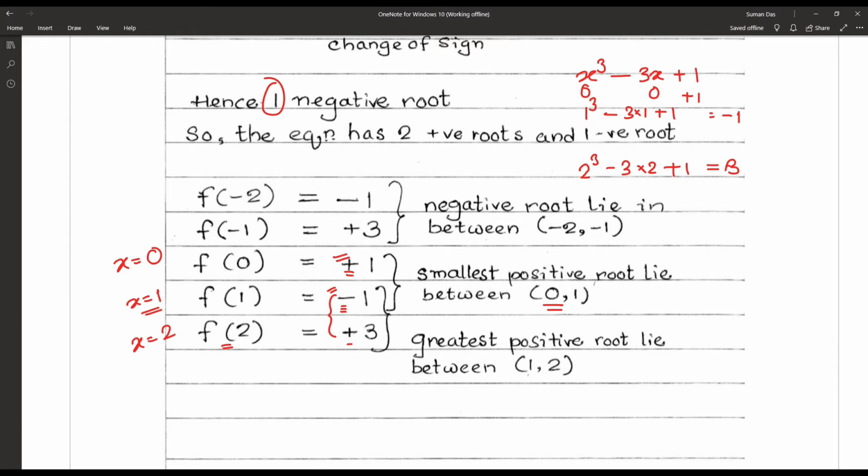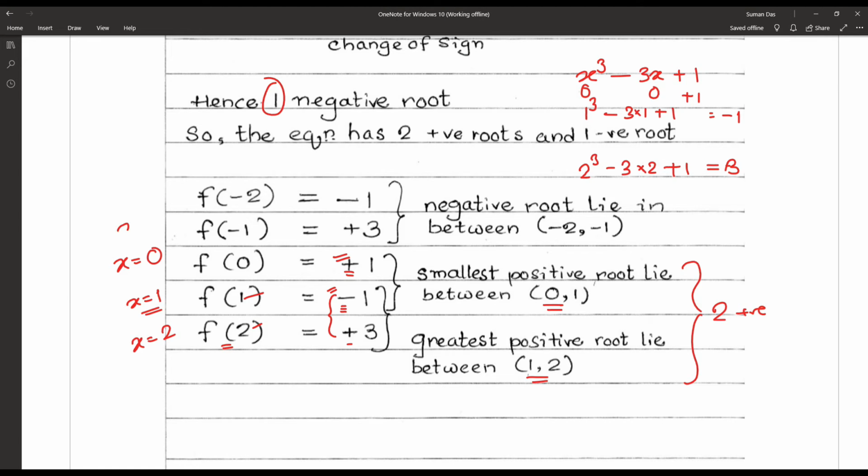So another positive root must lie between x equal to 1 and x equal to 2, that means the range is 1, 2. So as usual, from Descartes' rule of signs, we know we have two positive roots. The two positive roots belong between 0 and 1, and between 1 and 2. But there is also another root that is negative according to Descartes' rule of signs.